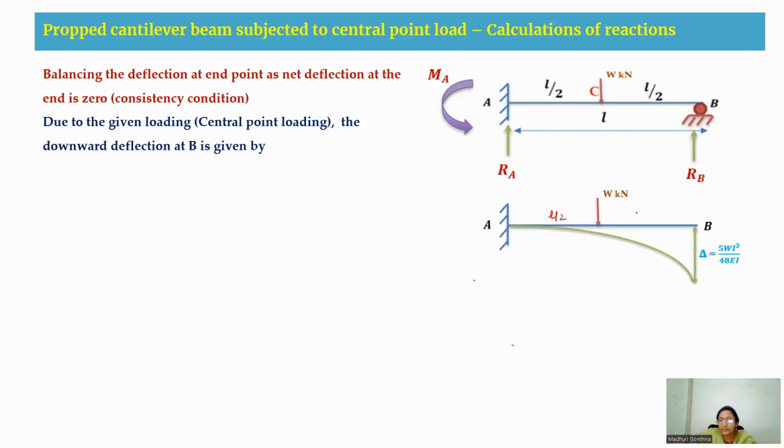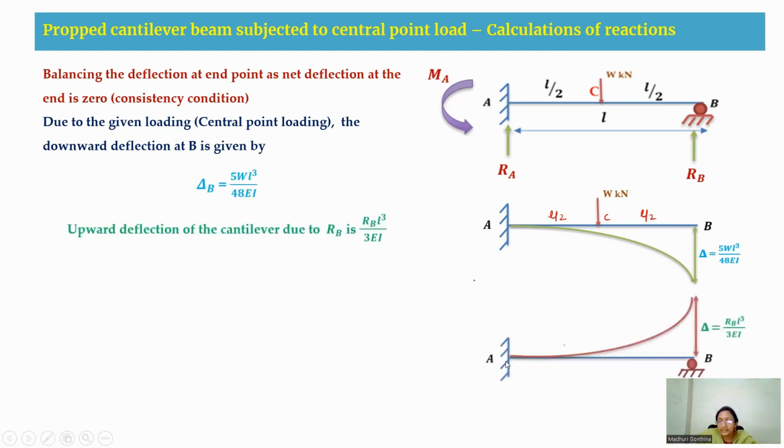This is L by 2 and this is L by 2, and this is C. This is a downward deflection given by this formula. Now coming to the second part, a cantilever beam having an upward reaction at the B support. Therefore, you have an upward deflection, and the formula is RB into L cube by 3EI.